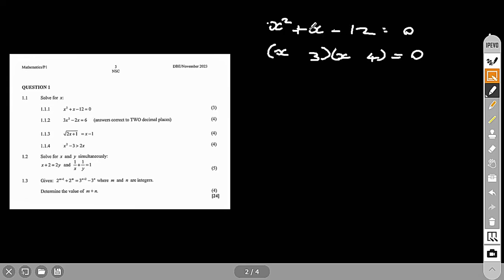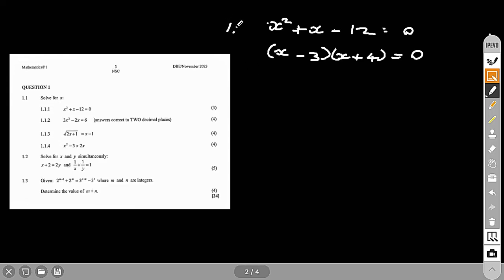At the same time, when you add them it must give you a positive 1. So the bracket with the greater value should be positive, this one negative. Negative 3 times 4 is negative 12. Negative 3 plus 4 is 1. So there's your 3 marks.